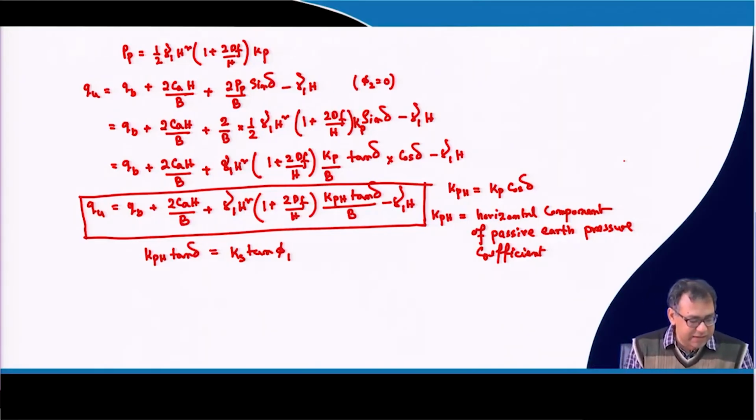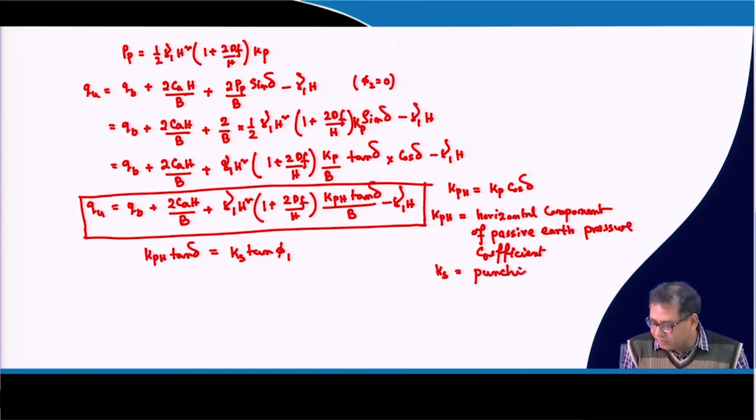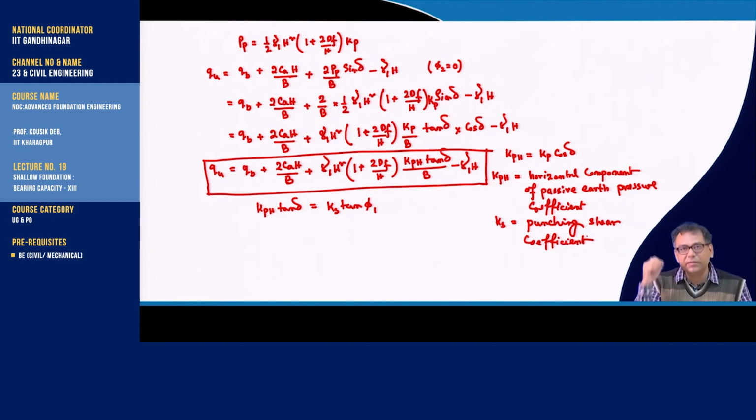What is that Ks? That Ks is the punching shear coefficient. Why is the punching shear coefficient considered? Because in the vertical direction, the soil is punching basically.